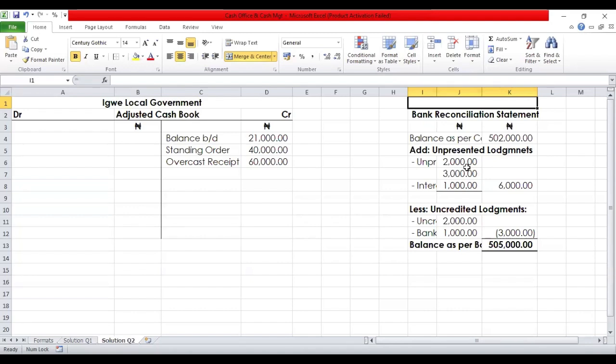Which of the errors do you want to tell me again? I think this is complete omission. It's not omission. It was omitted from the deposit account.